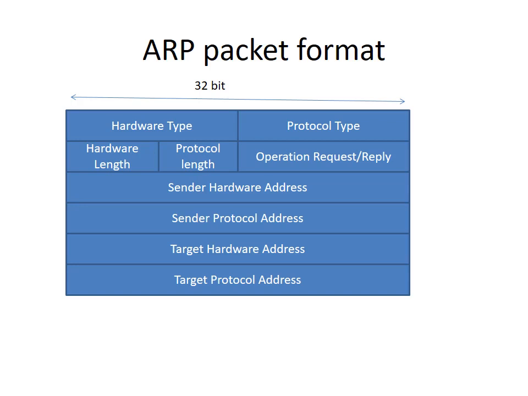That is specified in the operation request or reply field. And the four components are the sender hardware address and sender protocol address, that means the source addresses, and the target hardware address as well as the target protocol address, that means the destination MAC and IP address.